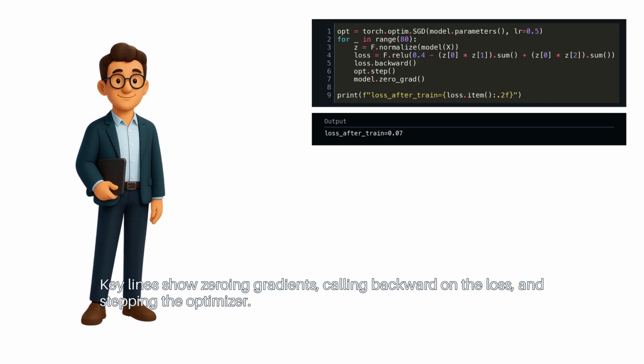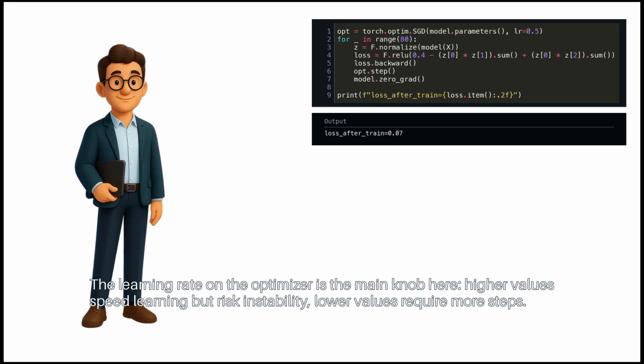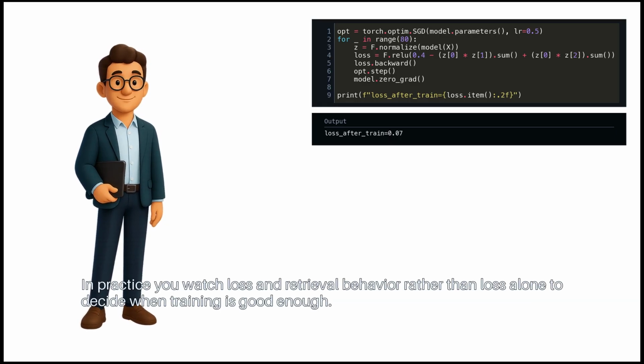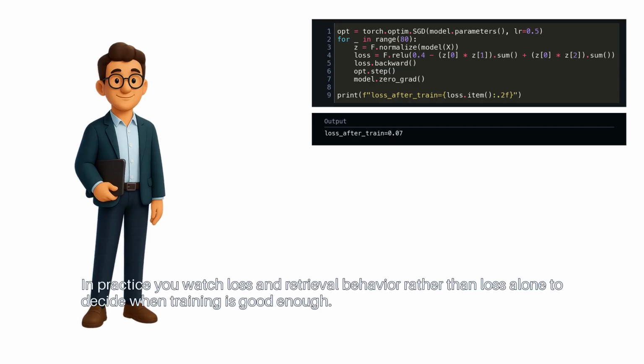Key lines show zeroing gradients, calling backward on the loss, and stepping the optimizer. The learning rate on the optimizer is the main knob here. Higher values speed learning, but risk instability. Lower values require more steps. In practice, you watch loss and retrieval behavior rather than loss alone to decide when training is good enough.